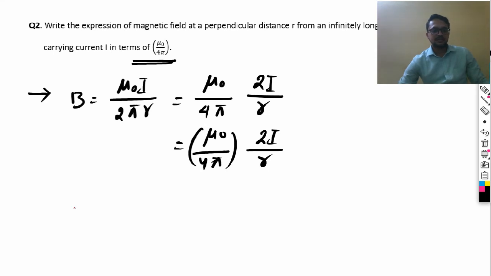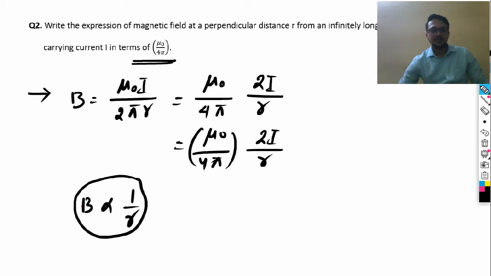Suppose 4 options are given. One option will be B is directly proportional to 1 by r. This is the correct answer. Clear? So this is our second question.